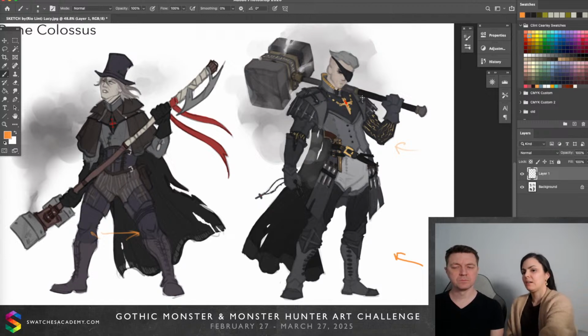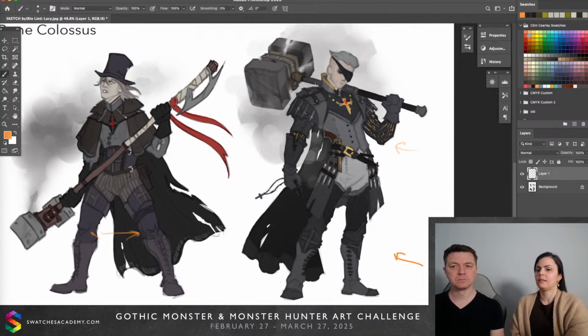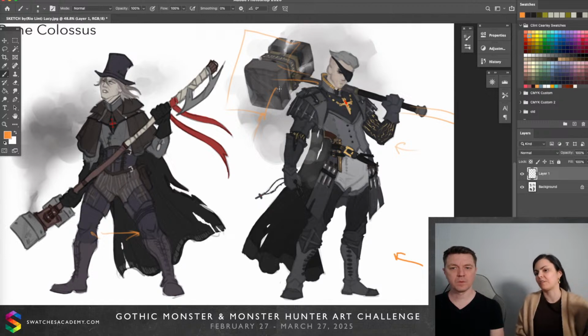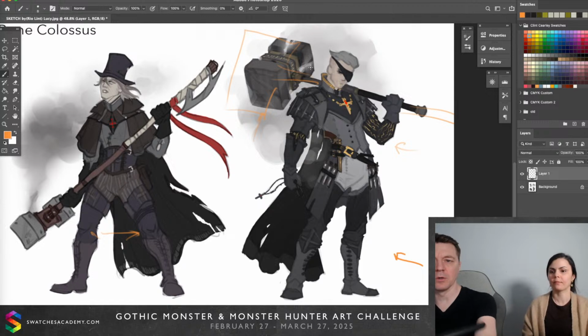Yeah. Also I feel like the hammer is getting comically large right over here, which is okay. It can be a really exaggerated weapon, but if you're gonna do that, I would just go all out and make it really long also, so that it's just a big oversized weapon. Yeah, the handle could be thickened up as well.